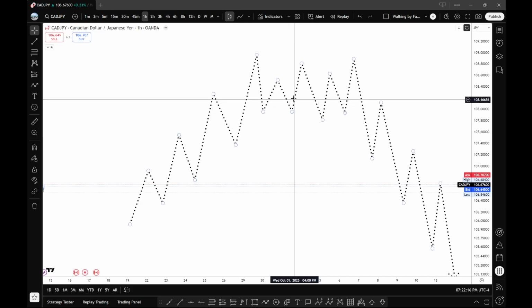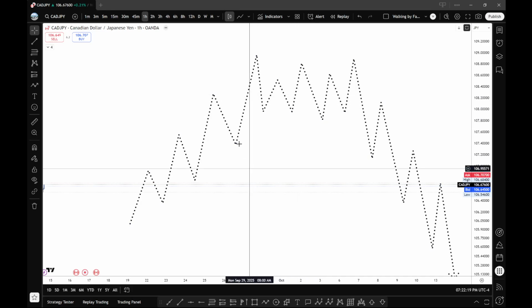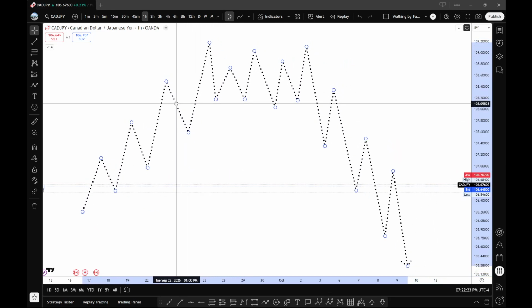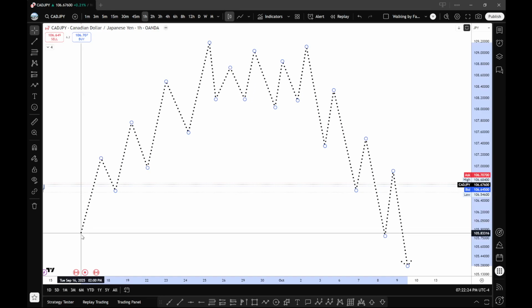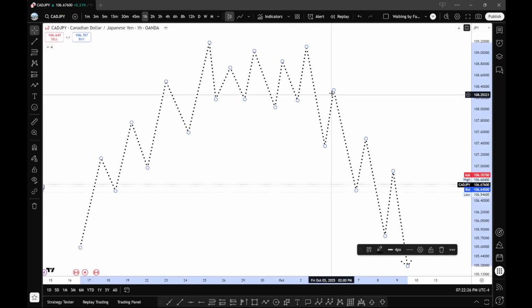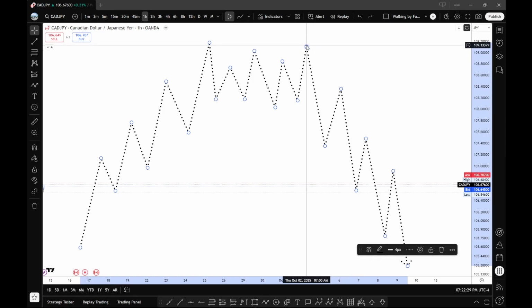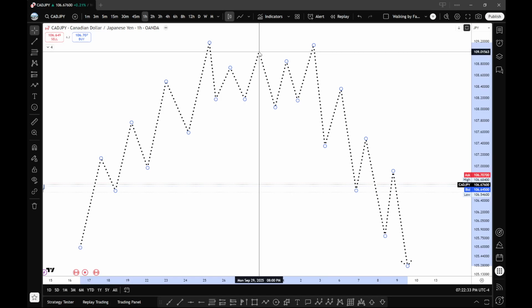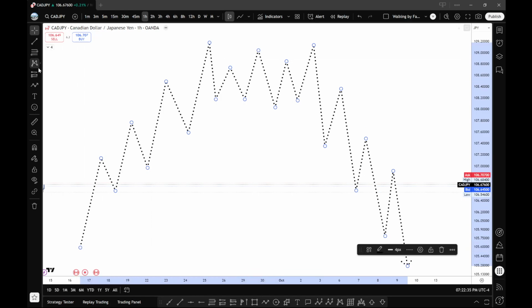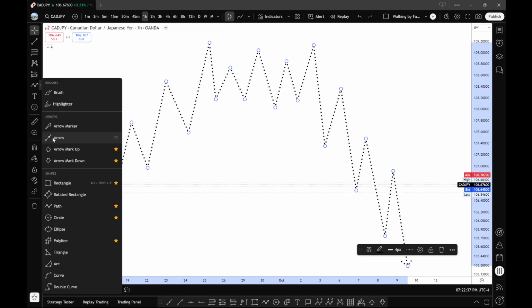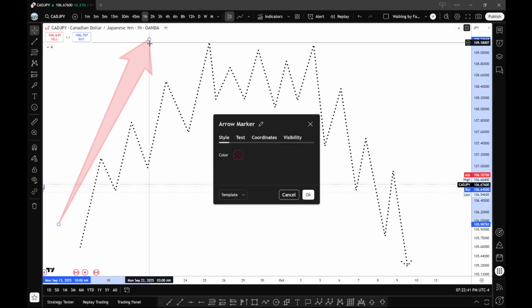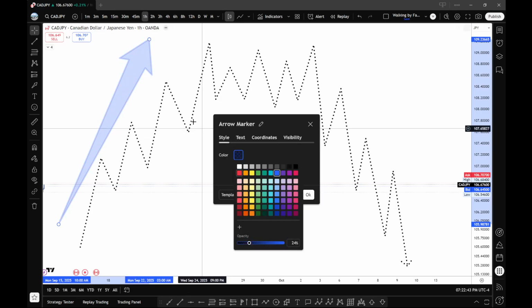This is market structure. The structure created by the market at different time frames and different price zones. So we have our uptrend, which is blue.